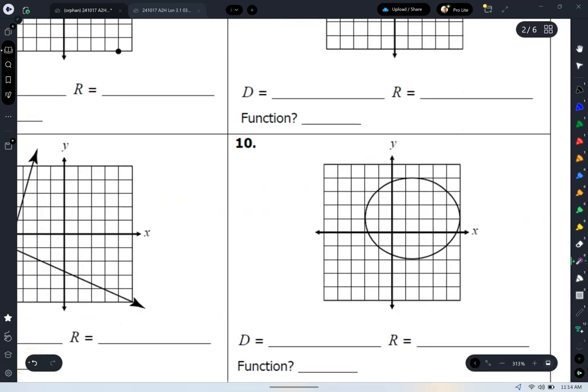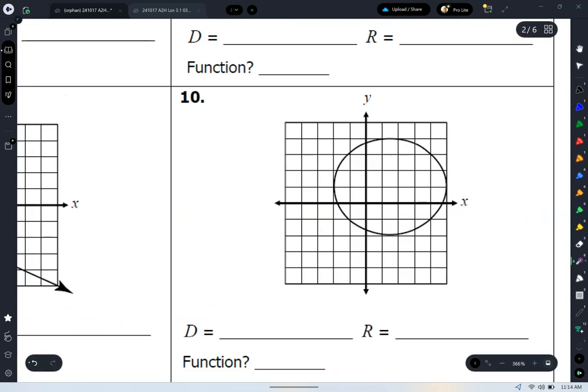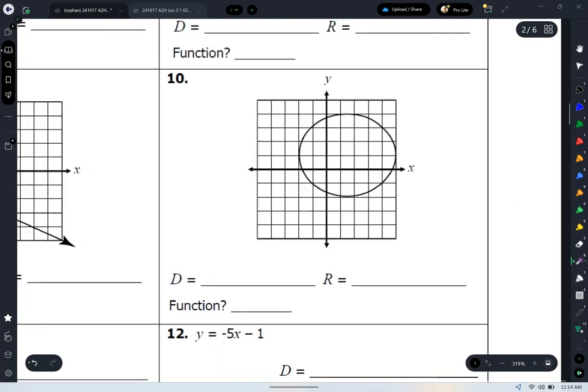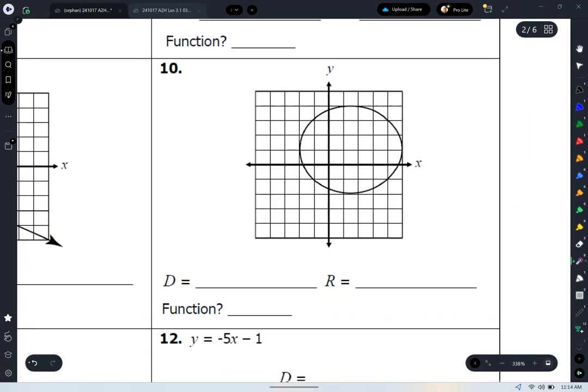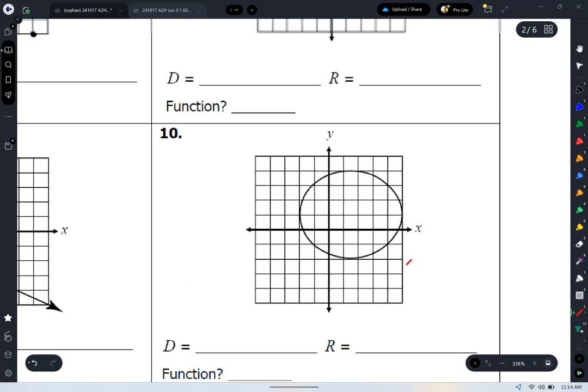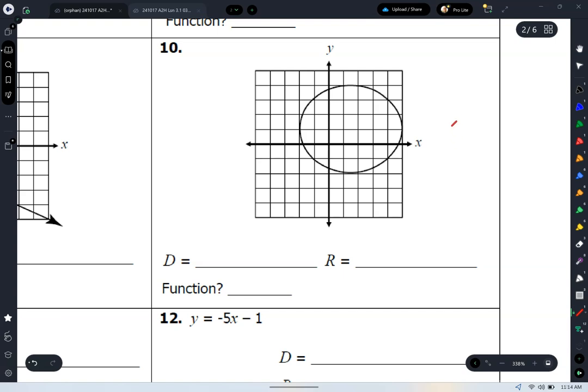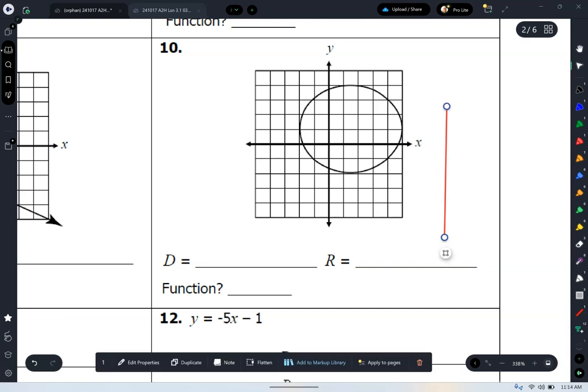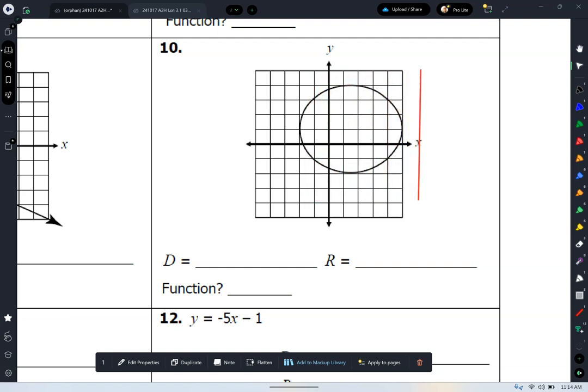Okay. We are going to start on number 10. So, if I were to do the vertical line test on number 10 and I were to take my vertical line and drag it over my graph, is this a function?